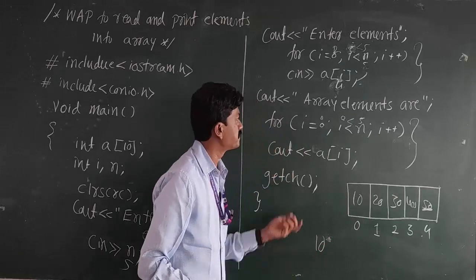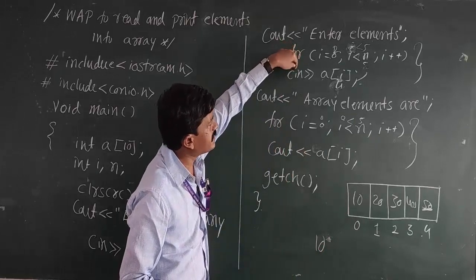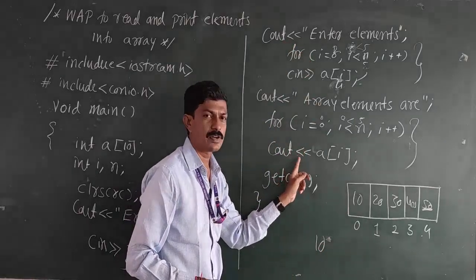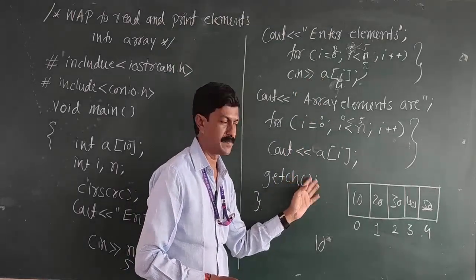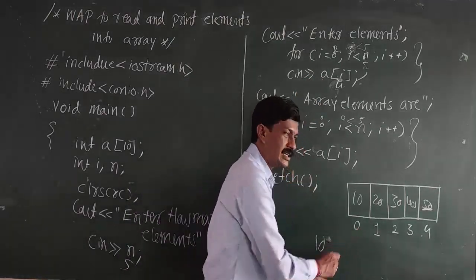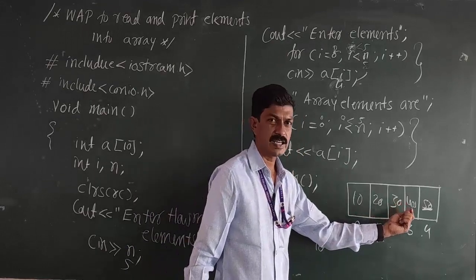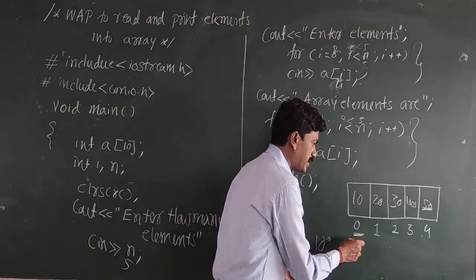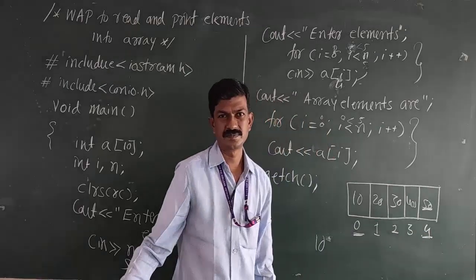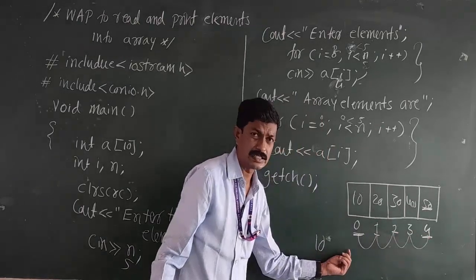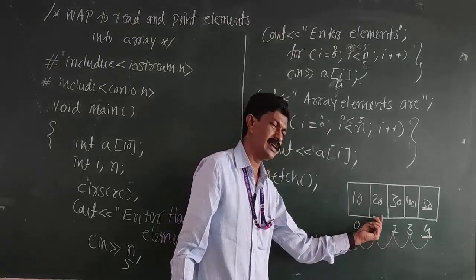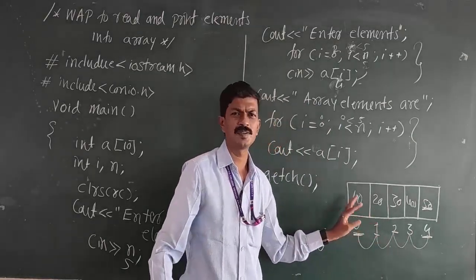In this part we perform the cout operation, which is printing. It prints each and every element of this array from the 0th index to the last index. That is a traversing operation, visiting each and every index of this array to perform a certain operation.